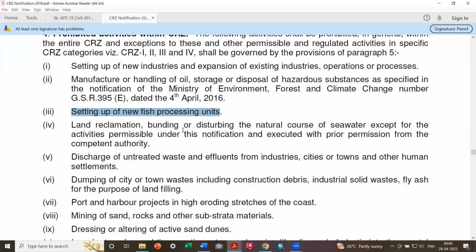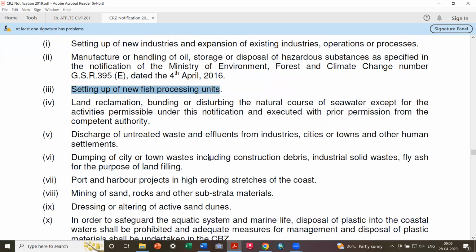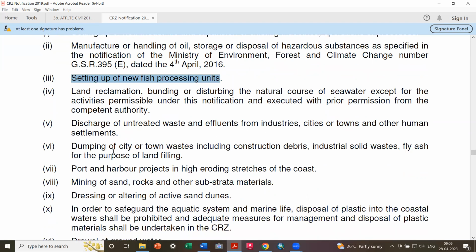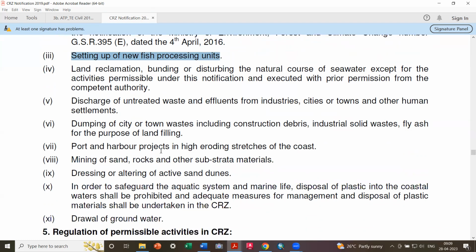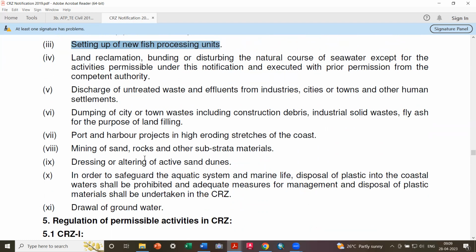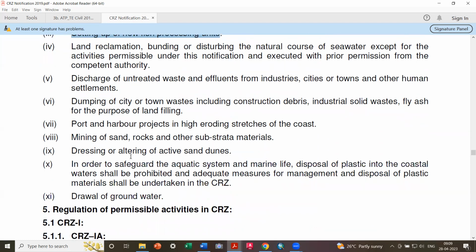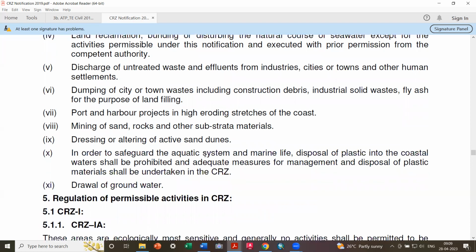So land reclamation, bunding or disturbing the natural course of sea water. Discharge of untreated waste and influence from the industries, cities. Then dumping of city or town waste. Port and harbor projects in high eroding stretches of the coast. Mining of sand, rocks. Then dressing or altering of the active sand dunes.